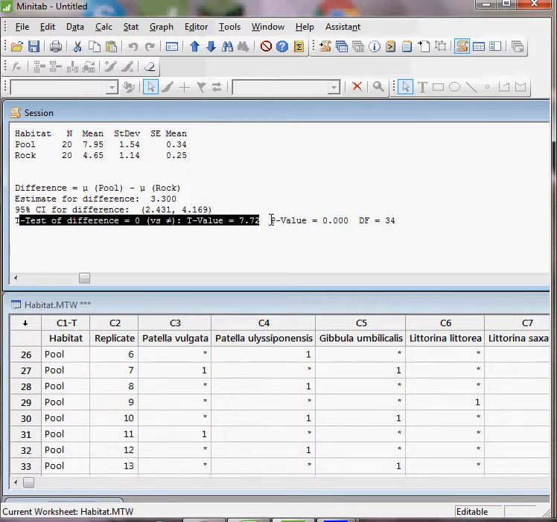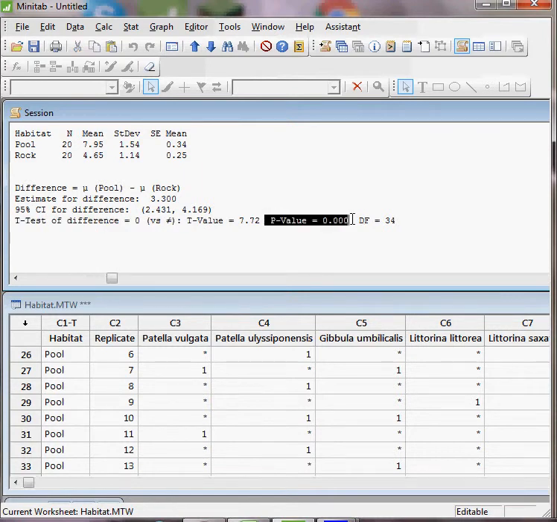And the probability of obtaining such a large t-value, if the null hypothesis were true, is given by the p-value. And this, as we can see, is very, very small. And by convention, if this p-value is less than 0.05, we regard this t-value as too big to be consistent with the null hypothesis, so we reject the null hypothesis.